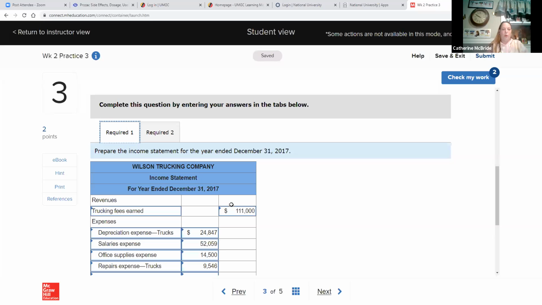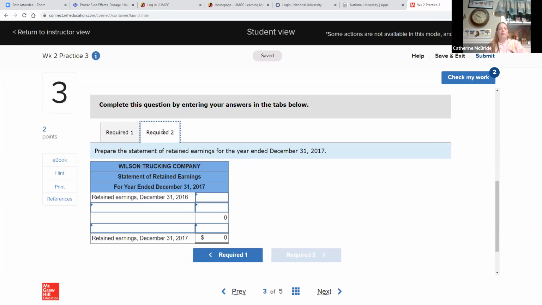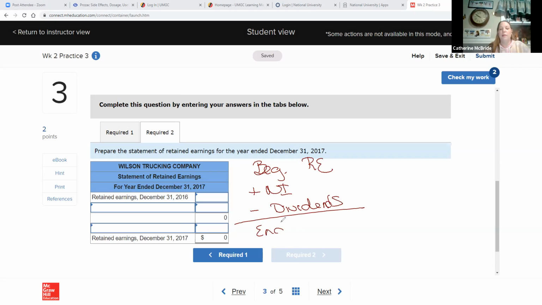So when we do the statement of retained earnings, remember that this is beginning retained earnings plus net income minus dividends equals our ending retained earnings.